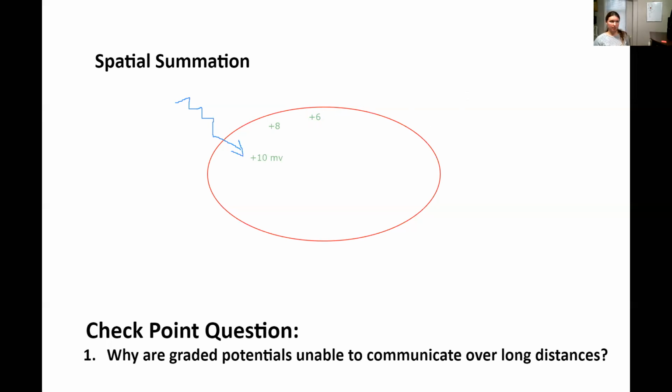But when we're looking at this cell, because we're thinking about spatial summation, we're not just looking at our one stimulus. And I want us to keep in mind that I'm drawing you an excitatory stimulus. The reason I'm drawing excitatory stimuli is because those are the ones that get us closer to our threshold and therefore closer to firing an action potential.